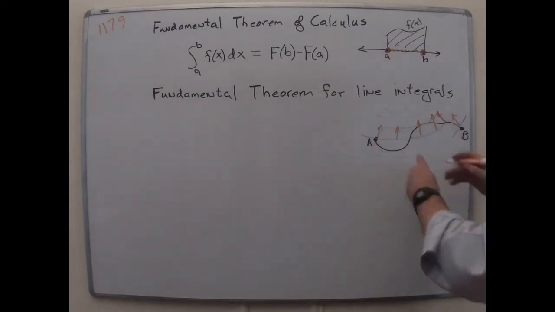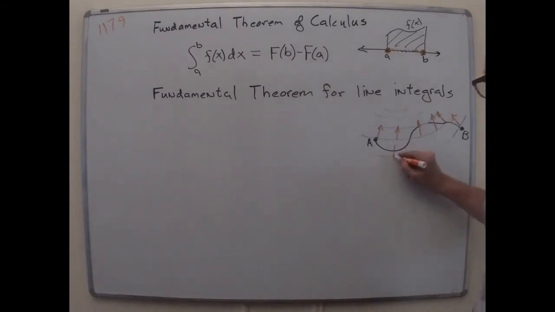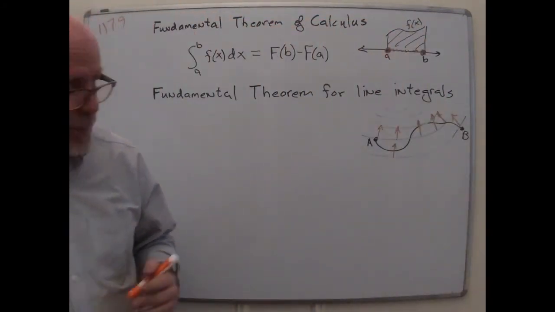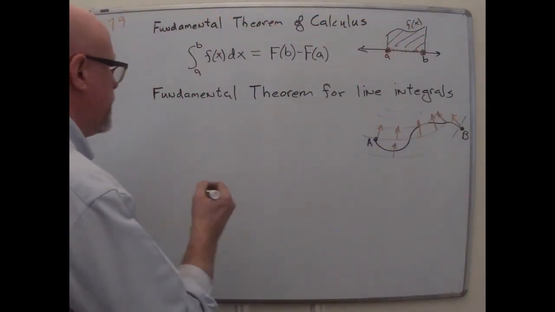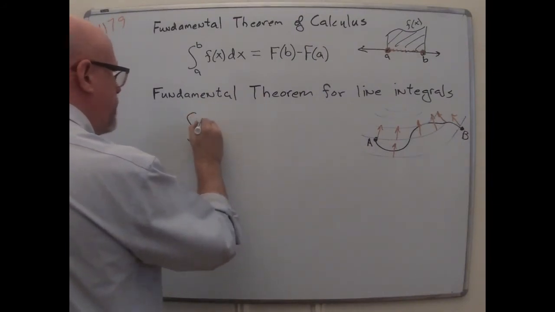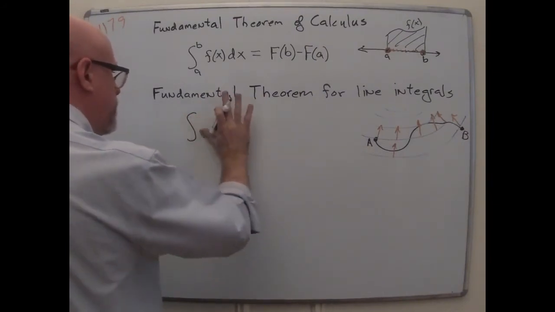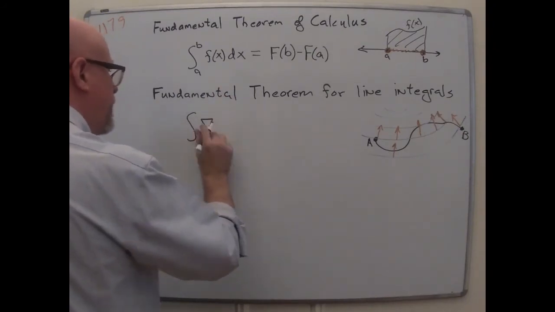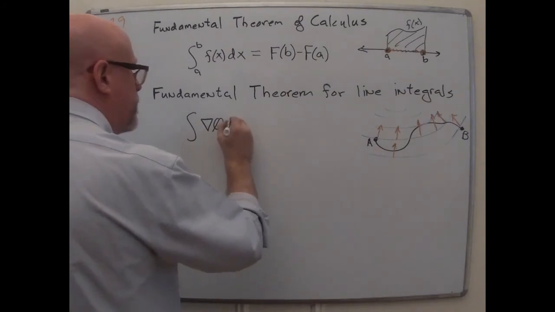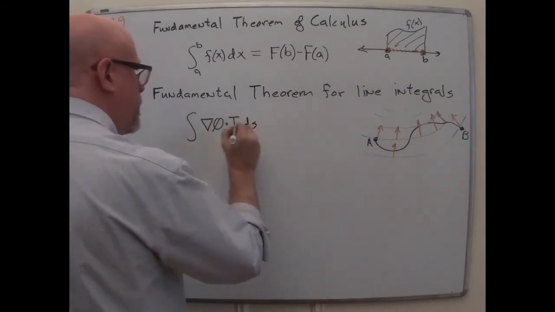So there'd be a whole bunch of vectors. You really want to have vectors all along the line to do. But what we integrate in that case across the interior of the line is the vector field. Well, let's call it what it is. It's the gradient of some scalar potential dotted with a tangent vector with respect to arc length.